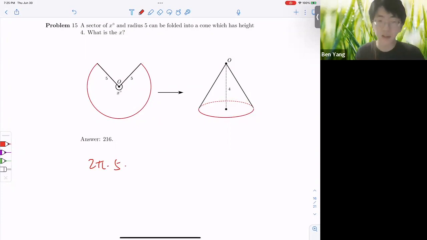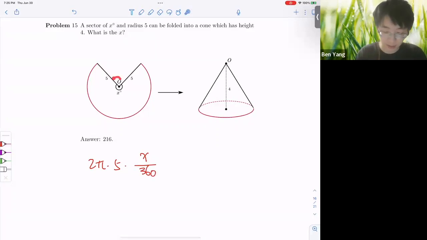And then we know the sector is part of the circle, and the ratio there is x over 360. Right, because if we go around the point once, then it's 360, and now it's only x. On the right-hand side, if you compute the circumference of the base circle, then we need to know the radius.